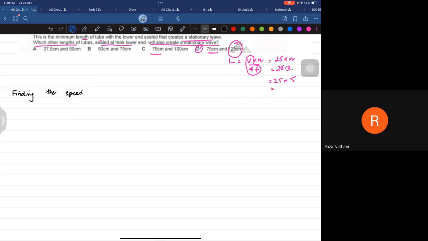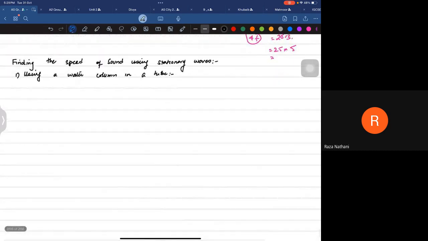So, finding the speed of sound using stationary waves. The first experiment is using a water column in a tube. So how do you do this?